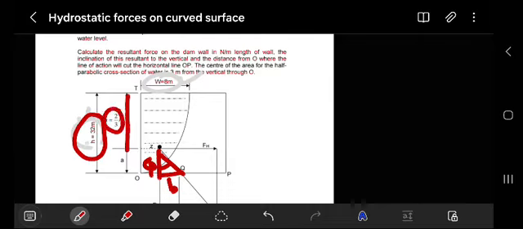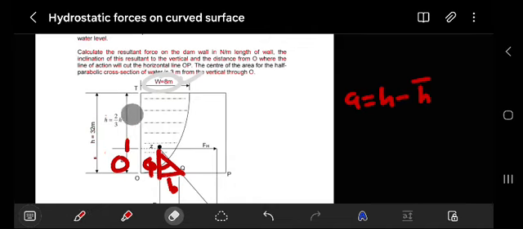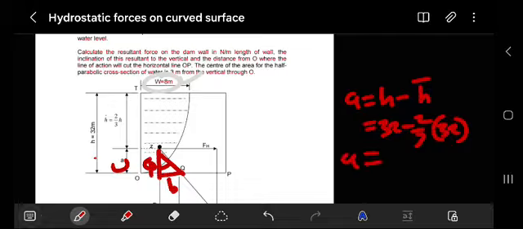So A will be equal to H minus H bar. H bar is given, so we have 32 minus 2 over 3 H, which is 32. H is all over this distance, minus that piece, and we're left with A.